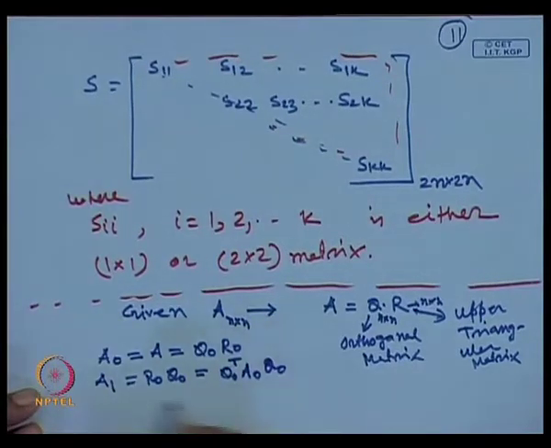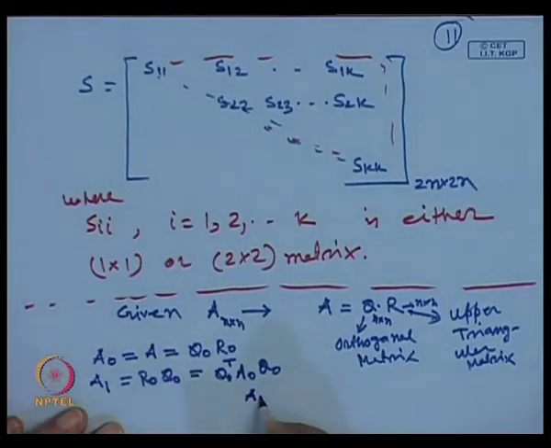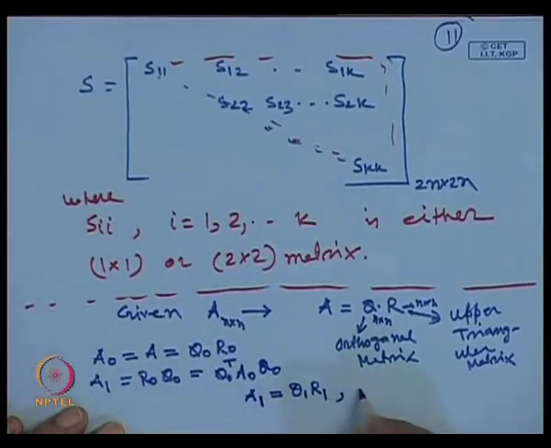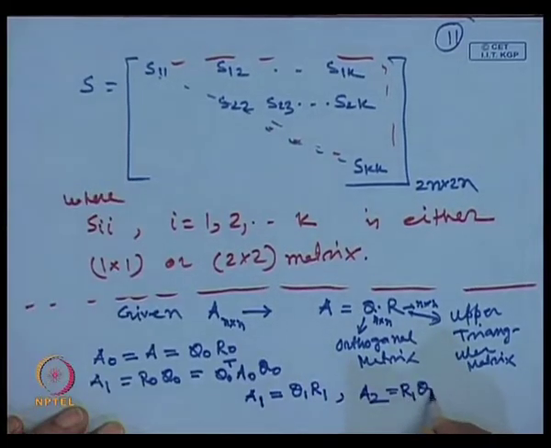Similarly, I can write now A 2. If you decompose this matrix A 1 into Q 1 R 1, and write the reverse order, which is denoted by A 2, it is equal to R 1 Q 1.